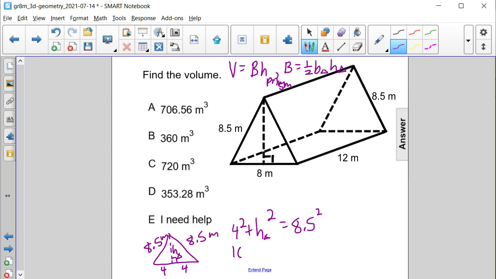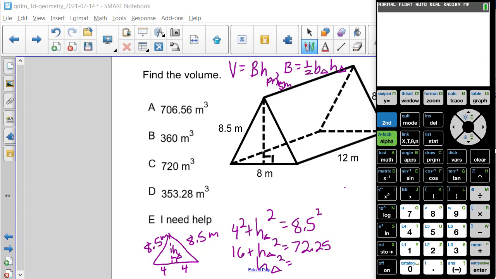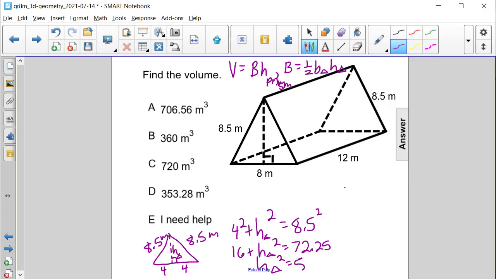Well, 4 squared is 16, plus the height of our triangle squared is equal to 72 and 25/100ths. And then if we subtract 16 from both sides, we find out that the height of this triangle squared is equal to 72.25 minus 16, 56 and 25/100ths.